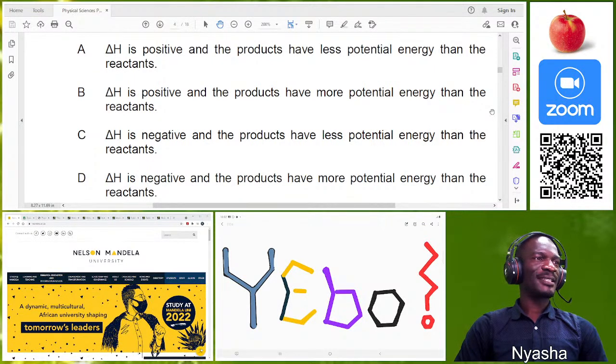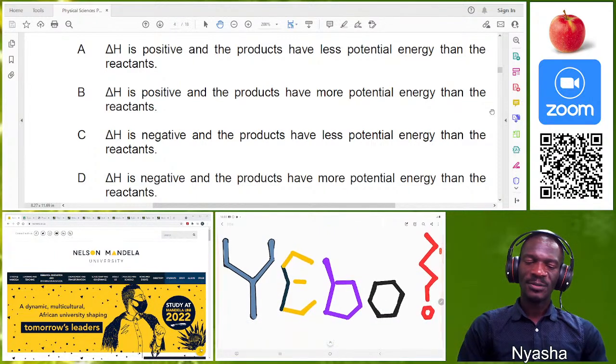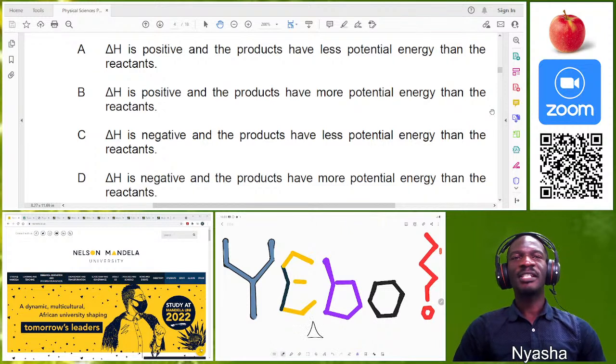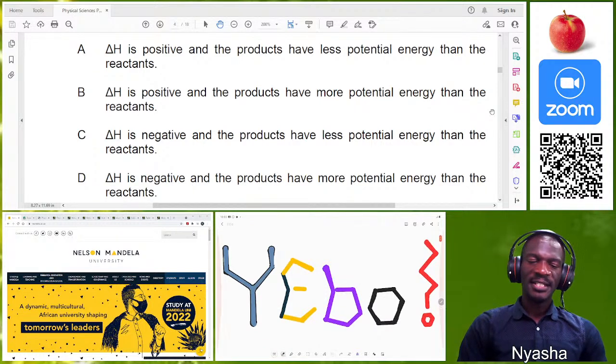So the assumption in this question is you understand what the delta H represents. It is a change in what quantity? That delta there is simply referring to a change in some quantity. In this case, it's the change in heat.